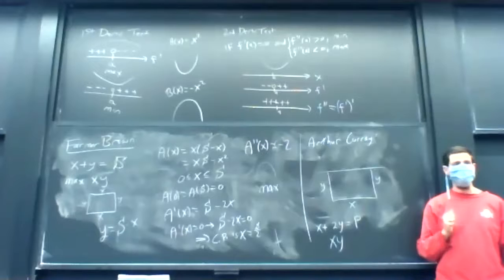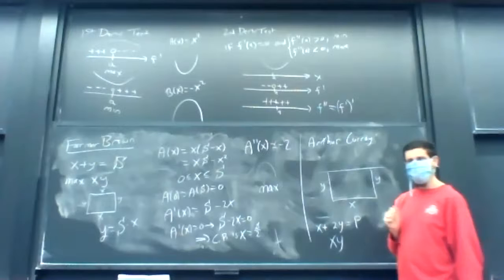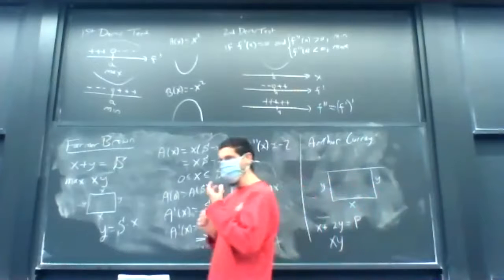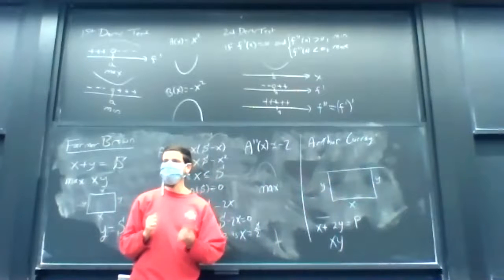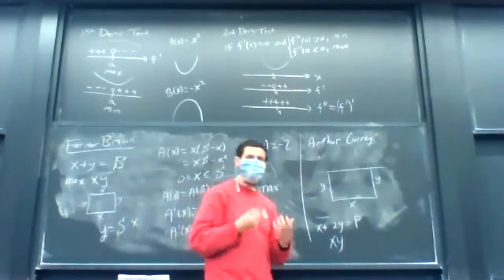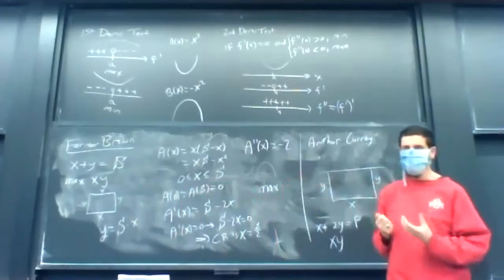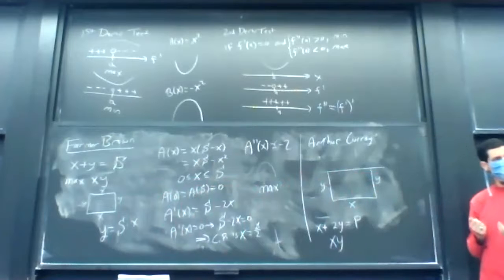There's a way to do it immediately. This is hard to see, but it's a beautiful way to solve this problem without doing any calculus, because we already know the standard Farmer Brown problem. Mathematicians are lazy. Whenever possible, we try to reduce something to what we already know.